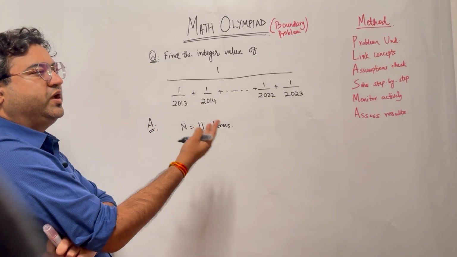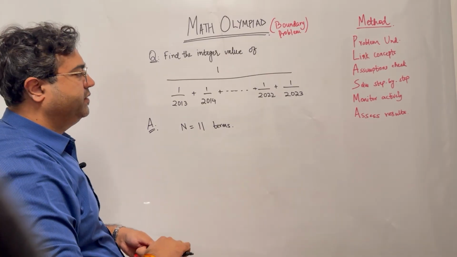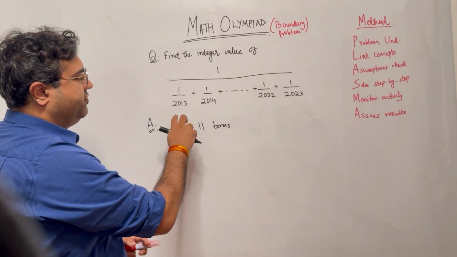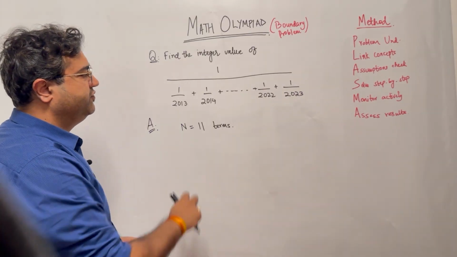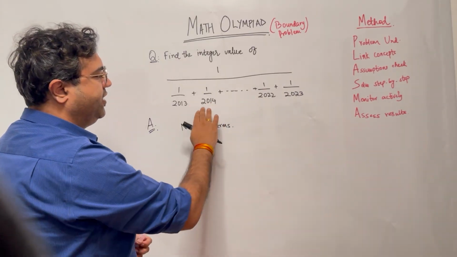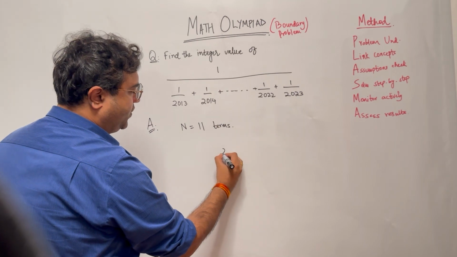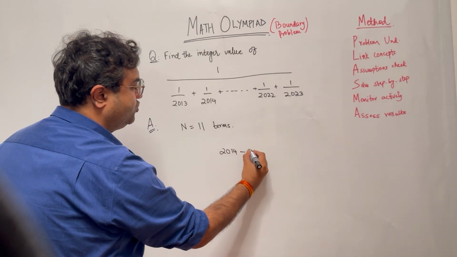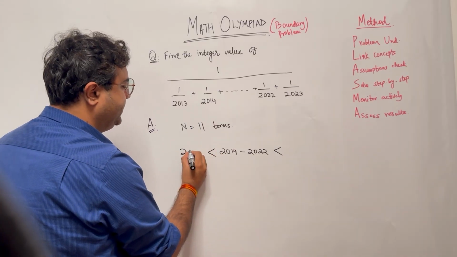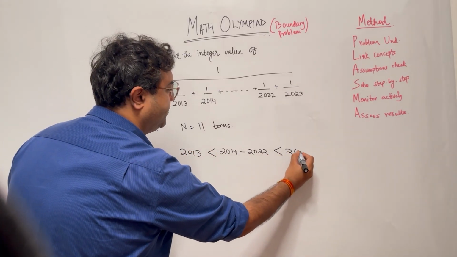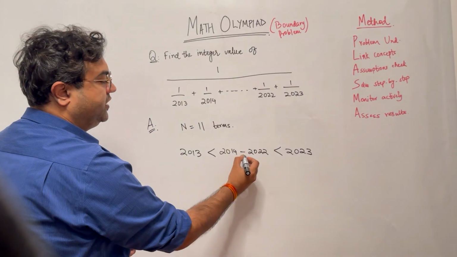How do we approach this? We look at the first term and the last term, which are 2013 and 2023, and all the middle terms, 2014 to 2022, lie between 2013 and 2023.